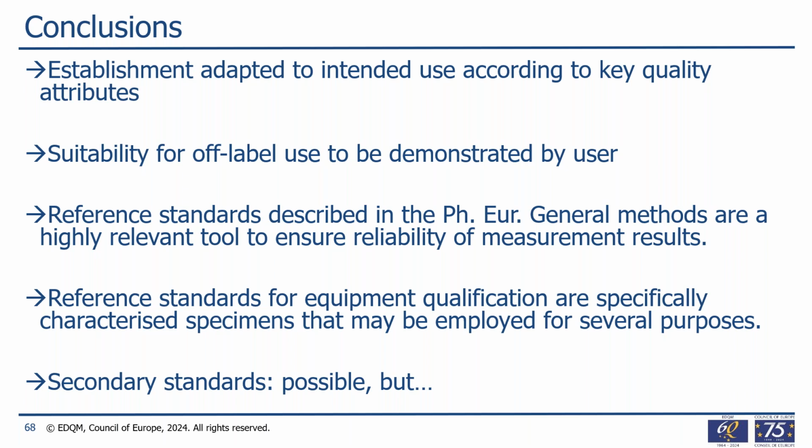Reference standards described in the general methods are highly relevant tools to ensure reliability of your measurement results. And the reference standards for equipment qualification are specifically characterized specimens that may be employed also for other purposes. And yes, you can establish secondary standards, but not for all uses.